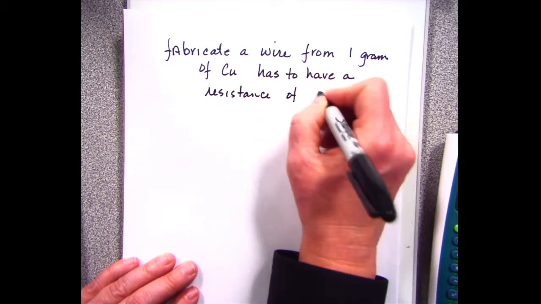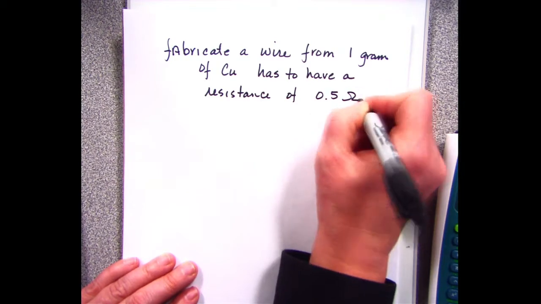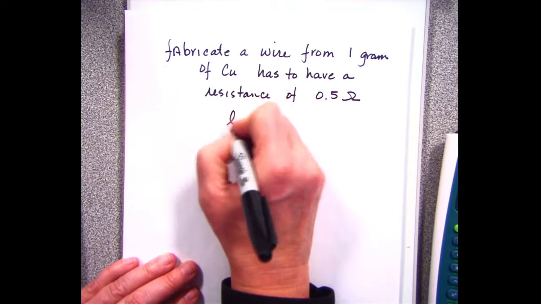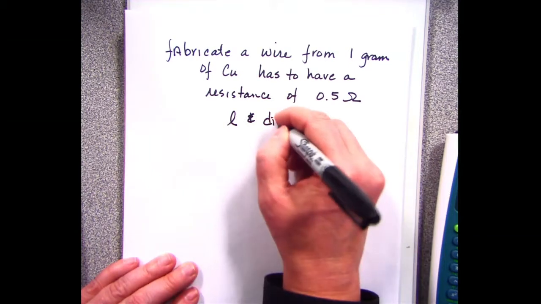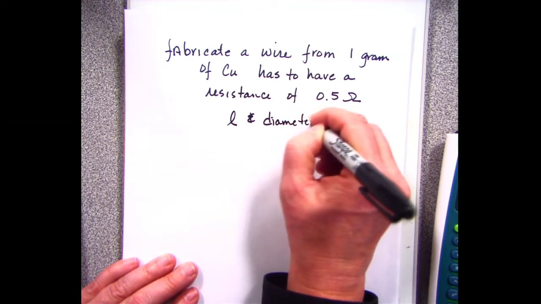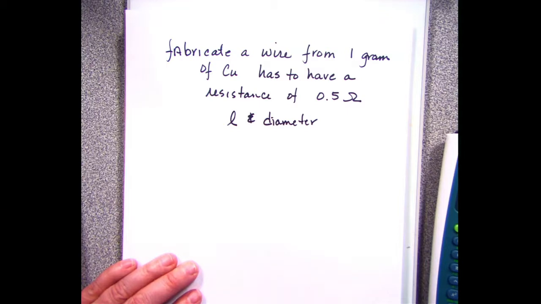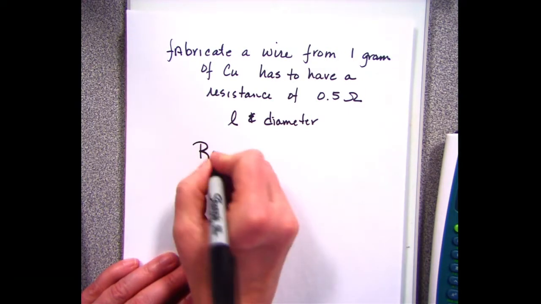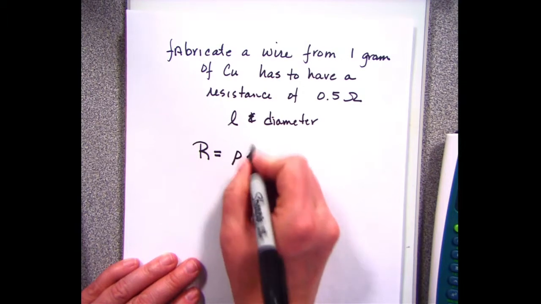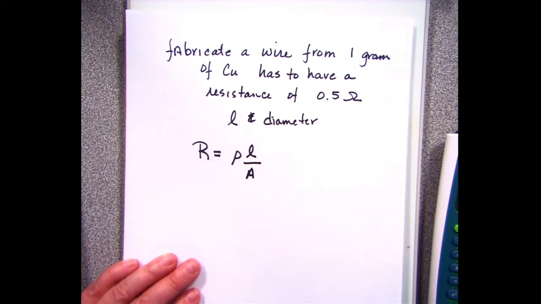So resistance is equal to resistivity times the length divided by the area. And we know that area is going to be pi r squared. R is equal to the diameter divided by 2.